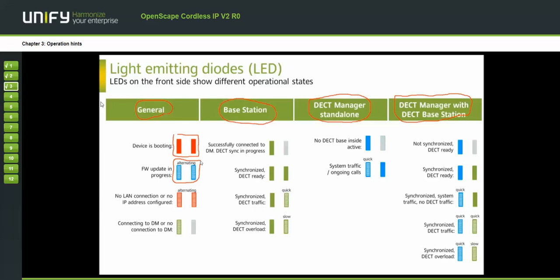Synchronized and DECT ready means that 2 LEDs are green on the base station. And with DECT traffic, first of all, the right LED starts blinking quickly. And if that slows down in the end, then we have DECT overload.